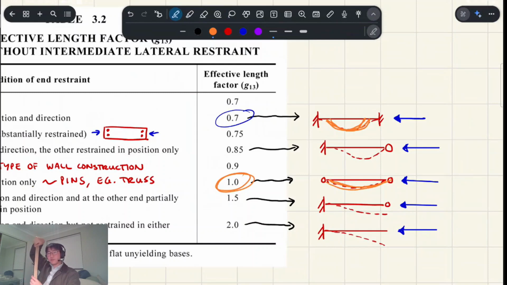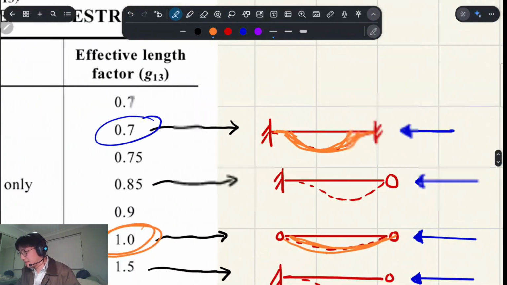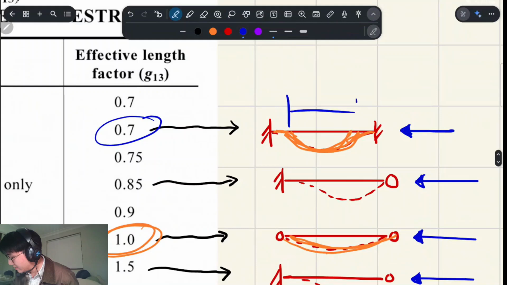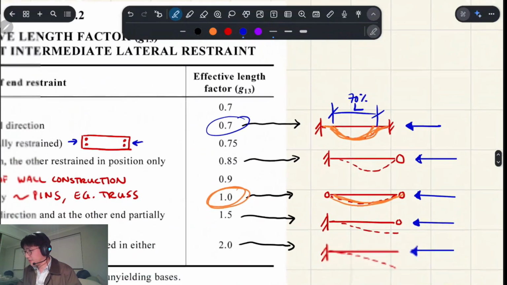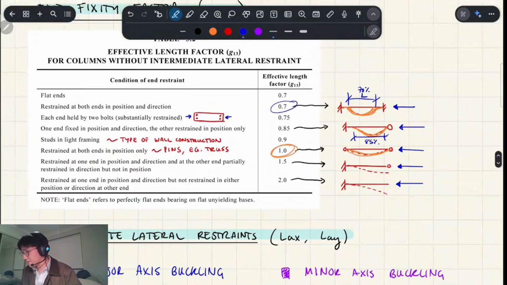But if I'm holding it with my hands like this, and there's a bit of rigidity, and then I push it in, I don't want to break my thing, but then you'd get something more like this top case. So your C shape is only 70% of the overall member length. That would be like here to here, 70% of that length, so that's when you get your effective length factor of 0.7. And you follow a similar logic for the rest of these. So this one would be like 85% or something like that, and yeah, you follow the code.